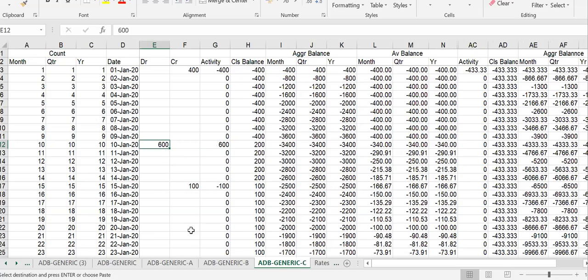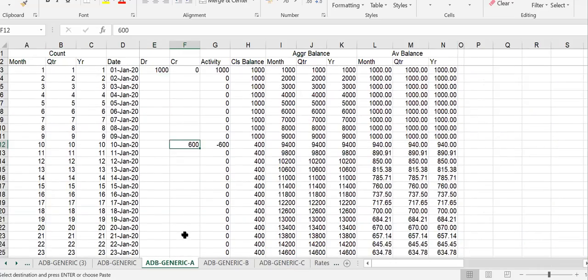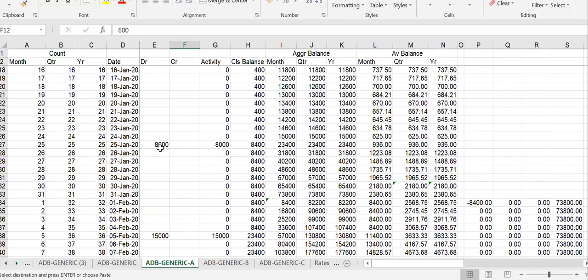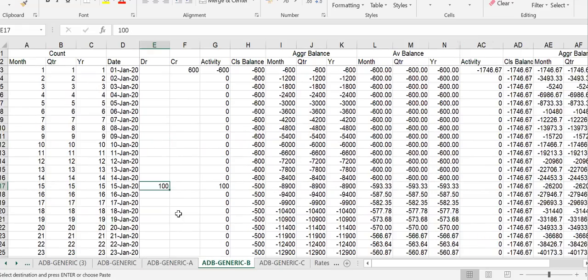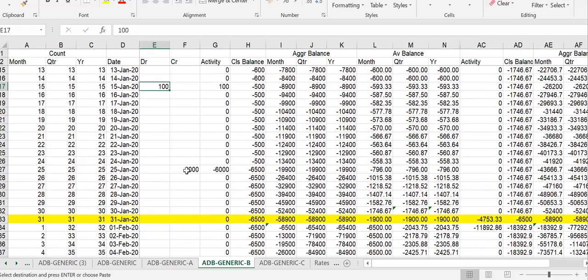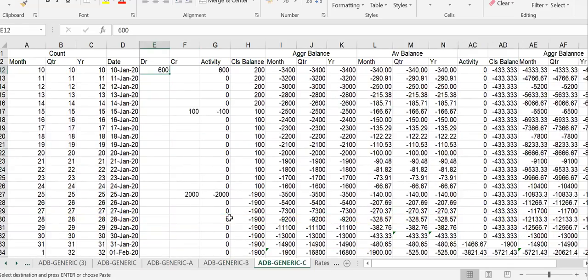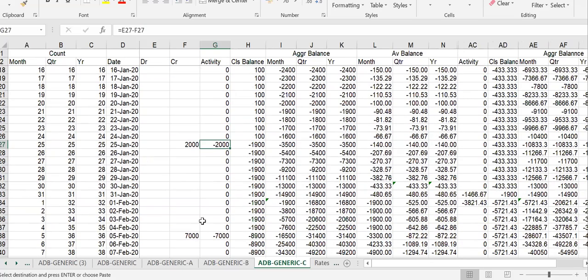That's how we balance the accounting. Then on 25th of January, account A was debited by 8,000, account B was credited by 6,000, account C was credited by 2,000. That's how the balanced transaction happened.